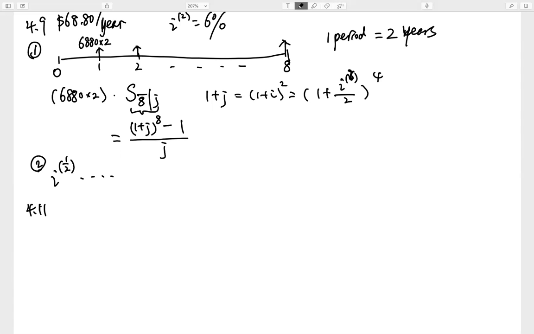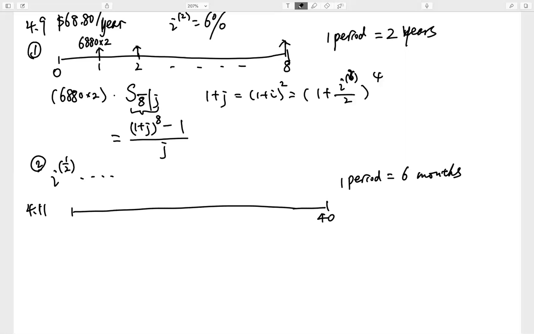The payment frequency now is half a year. So one period right now equals 6 months. At the end of 20 years, 20 years means there are 40 periods. The payments are 50K a year paid at the beginning.